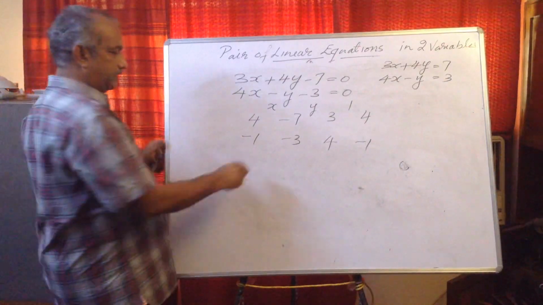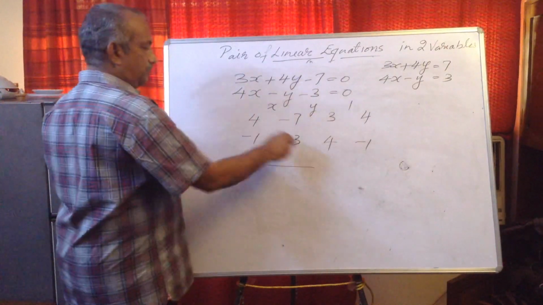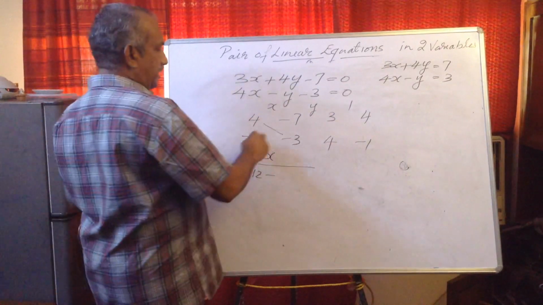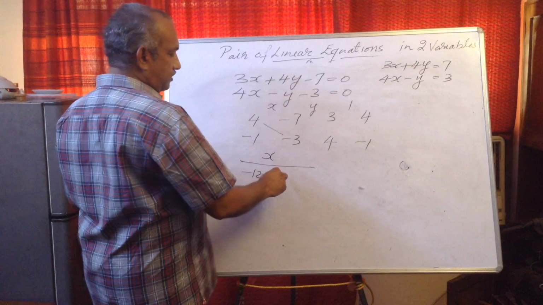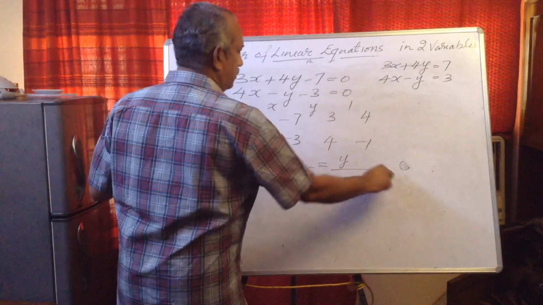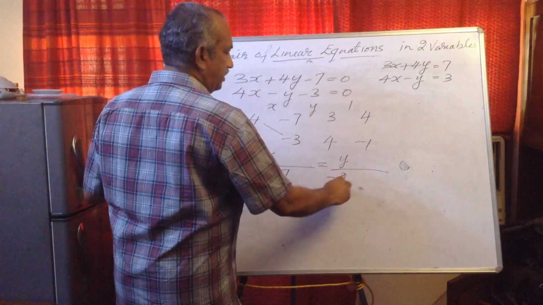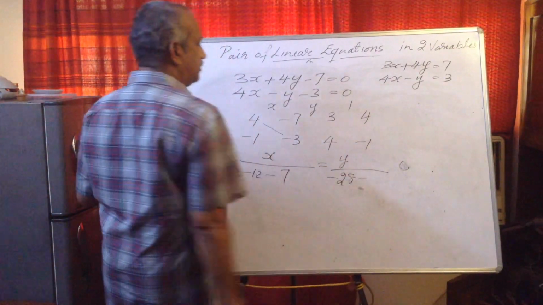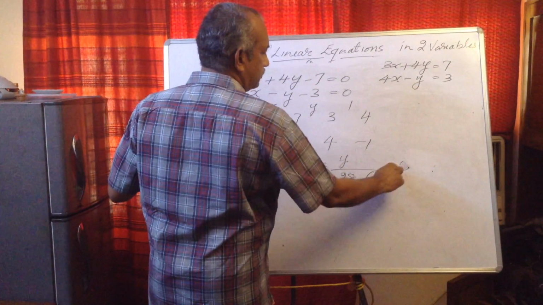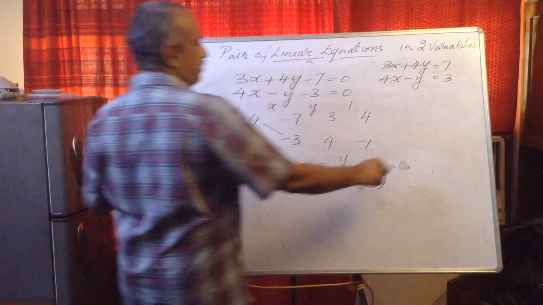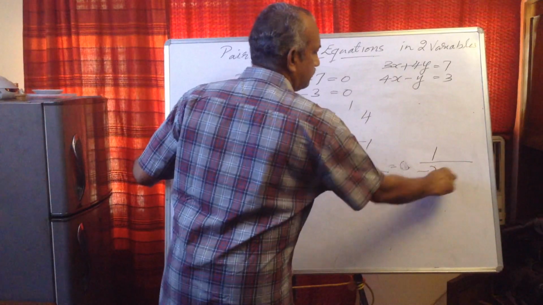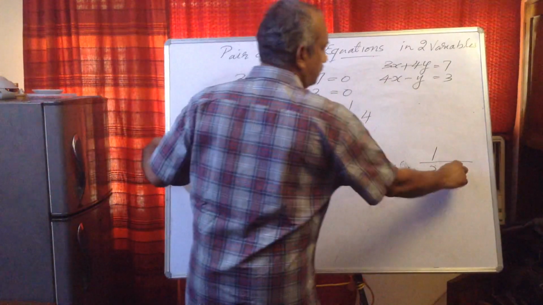Now do cross multiplication. X upon 4 into minus 3, minus 12, minus 1 into minus 7, plus 7, so minus 12 plus 7 is equal to y upon minus 7 into 4, minus 28, minus 3 into 3, minus 9, is equal to 1 upon 3 into minus 1, minus 3, minus 4 fours are 16.